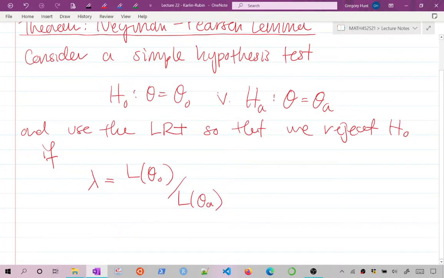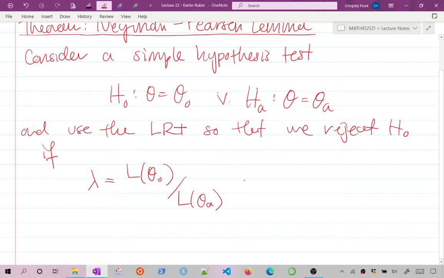Normally it'd be the MLEs, but if we have only one value for each of our null and alternative, theta naught is the MLE for the null hypothesis. Under the full space, it's either theta naught or theta A, and we're only really interested in the case where it's theta A, because if it's theta naught for the bottom, this whole thing is just 1.